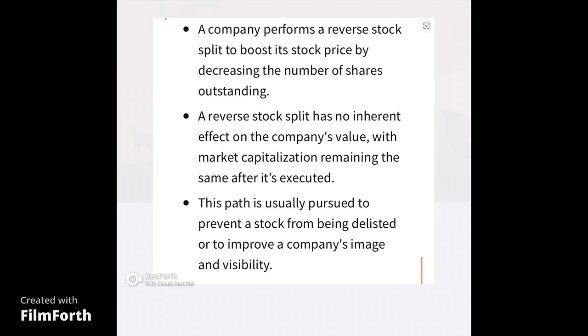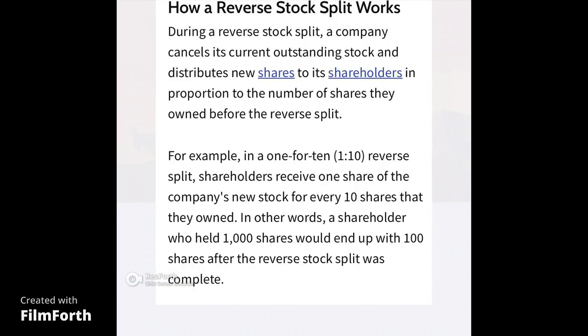That makes that company a lot more attractive and investable to a lot of investors that it otherwise wasn't. Now, during a reverse stock split, the company cancels its current outstanding stock and distributes new shares to its shareholders in proportion to the number of shares they owned before the reverse split.